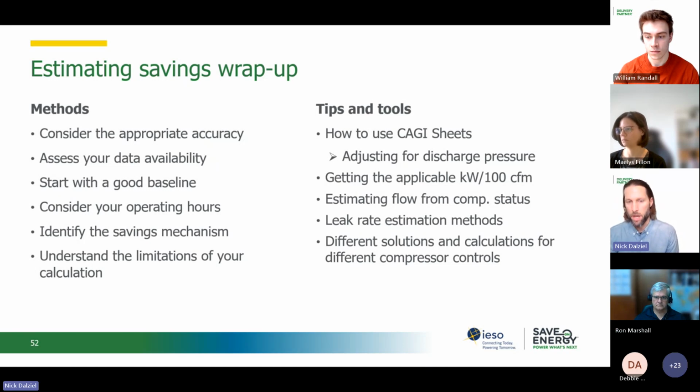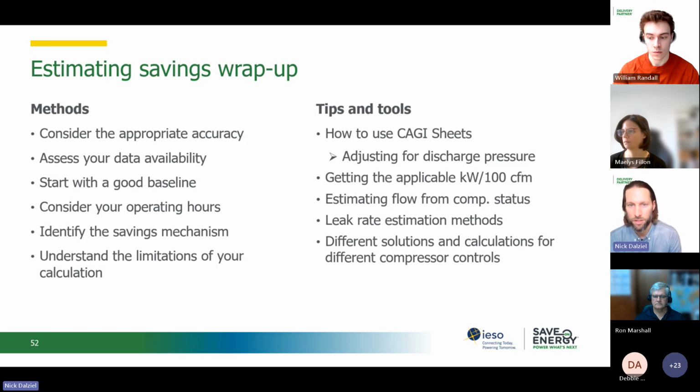Measurement is better, but if you have an idea of when your facility is shut down, use that information to improve your estimates. Understanding the savings mechanisms helps with your understanding as well as identifying potential opportunities. And I think we've covered where there are limitations when we're using rules of thumb or approximations as opposed to actual measurements.